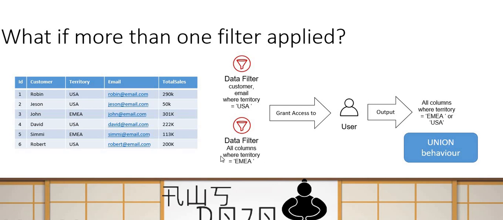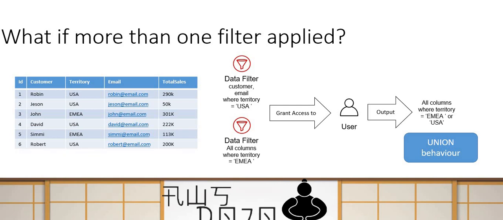Here the rows are filtered to EMEA. This will have rows as EMEA or USA. So you can see that if more than one filter is used to grant access to a user, you will see this kind of union behavior where the output of these two filters will be combined together to give the results for the user.